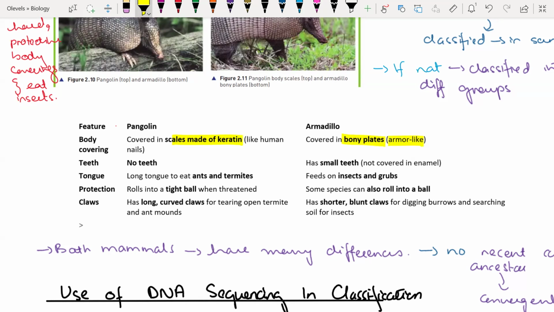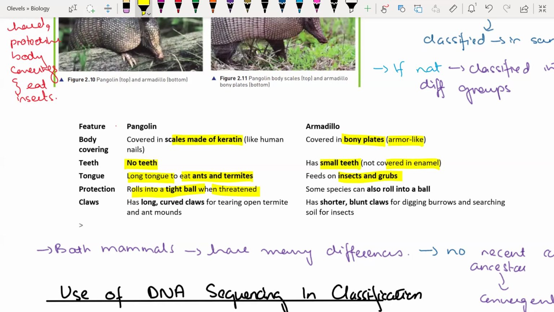For teeth, we know that pangolins have no teeth, while armadillos have small teeth and they're not covered in enamel. For tongue, the pangolin has a long tongue that is used to eat ants and termites, while armadillos feed on insects and grubs. In case of pangolin, for protection they roll into a tight ball when threatened by a predator.